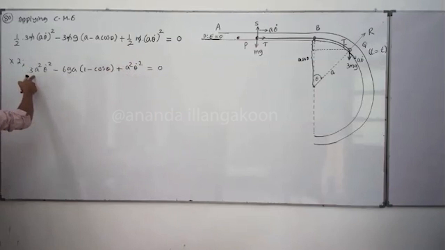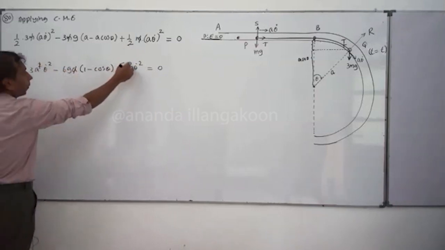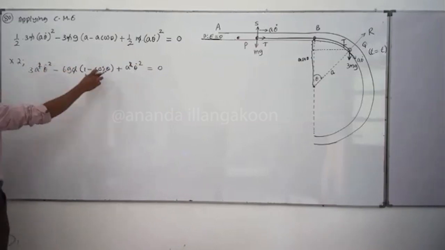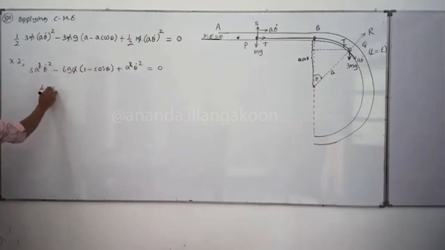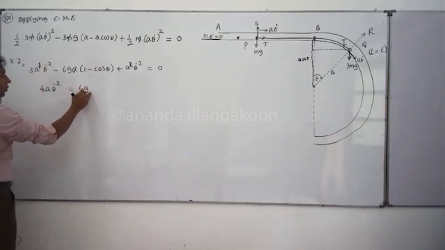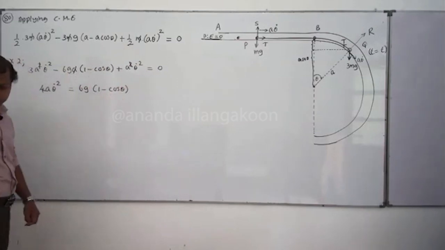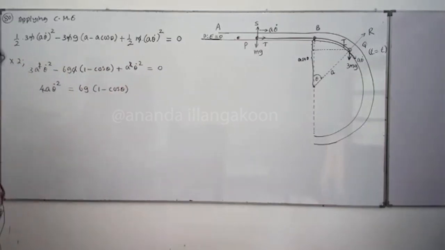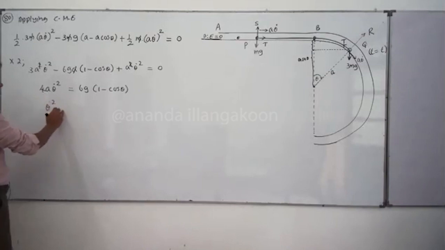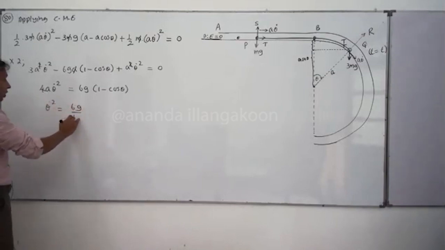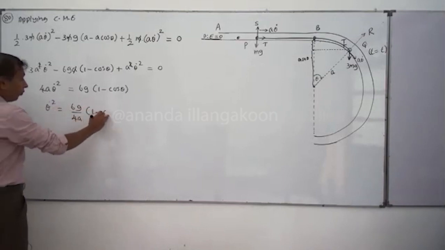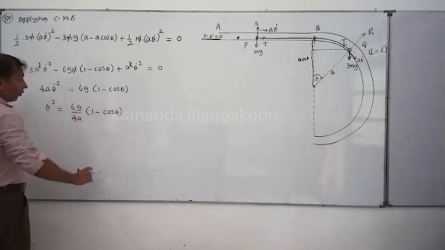Here we get 1a, which you can cancel down. 3a theta dot squared and a theta dot squared means 4a theta dot squared. Bring this to the right hand side: 6g times 1 minus cos theta. Divide this by 4a, so 6g divided by 4a times 1 minus cos theta.